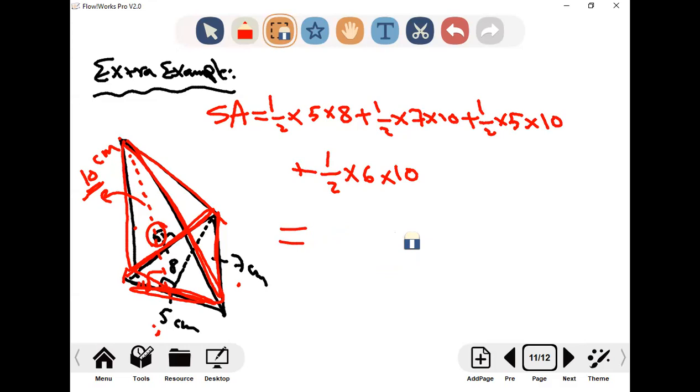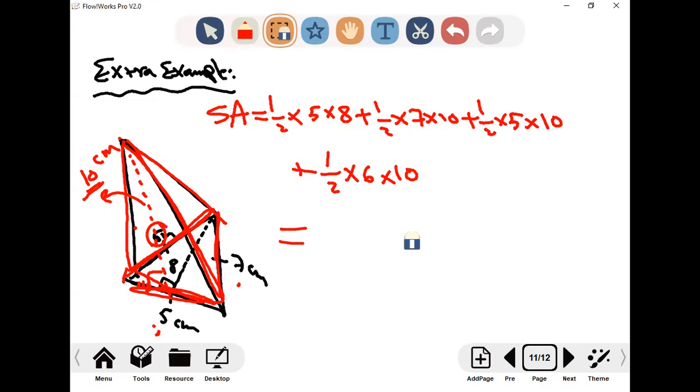Now in the homework you can do it like this. Or if you want to make it easier, because you have 3 equal bases, you have 2 parts. First, you find the area of the base, plus you can say 3 multiplied by one of the upper ones. One is enough, because they are the same. Or you can find each one alone. Now calculate.